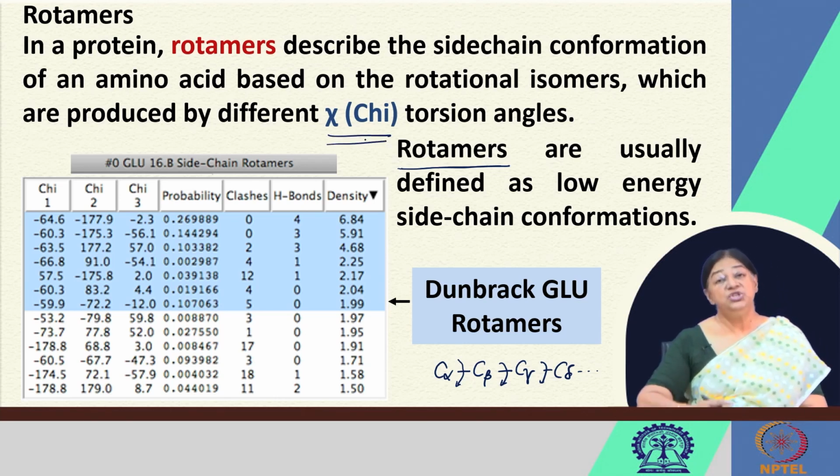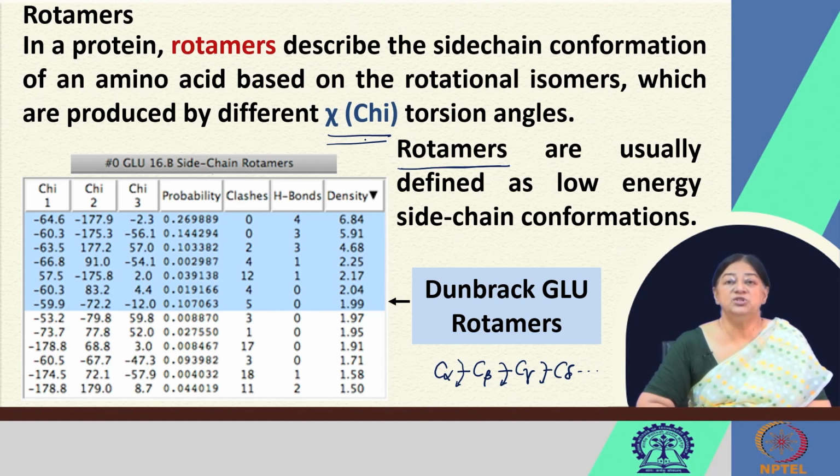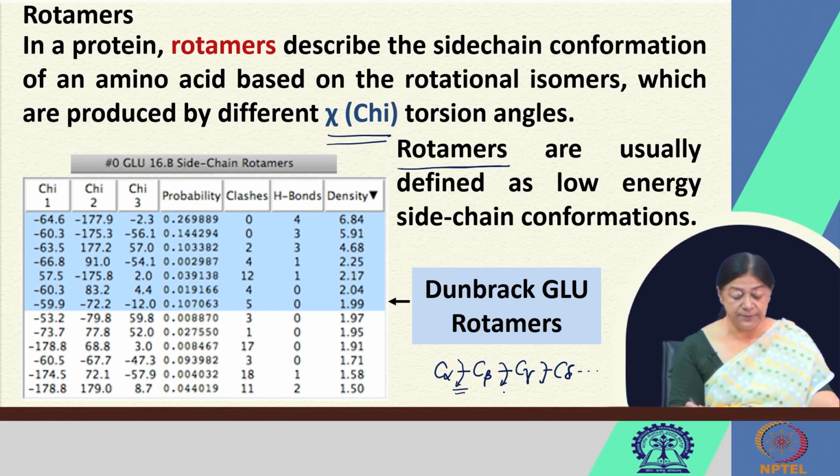So, the rotational isomers. We saw the different kinds of structural isomers that we can have in terms of a cis trans for the peptide. But when we look at the geometry, it is important to understand that the amino acids themselves, because of the presence of the single bonds, can have specific side chains that can rotate, because we have single bonds that link the carbons together.